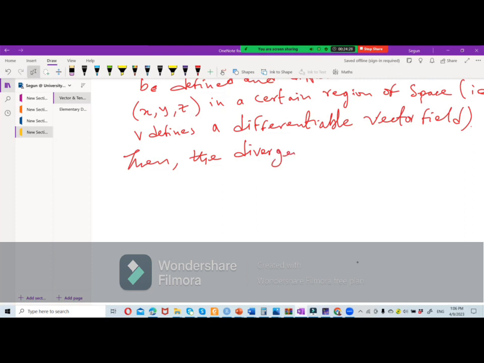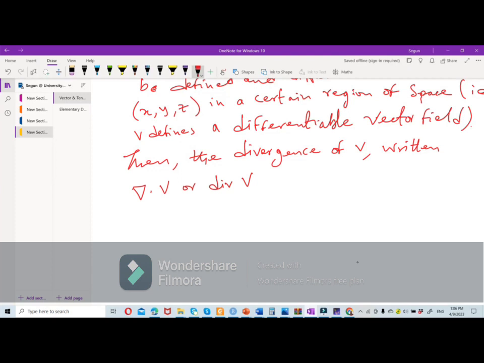The divergence of V, written del dot V, is what we call del multiplied by V, or div V. So when you have del dot V, what does it mean?